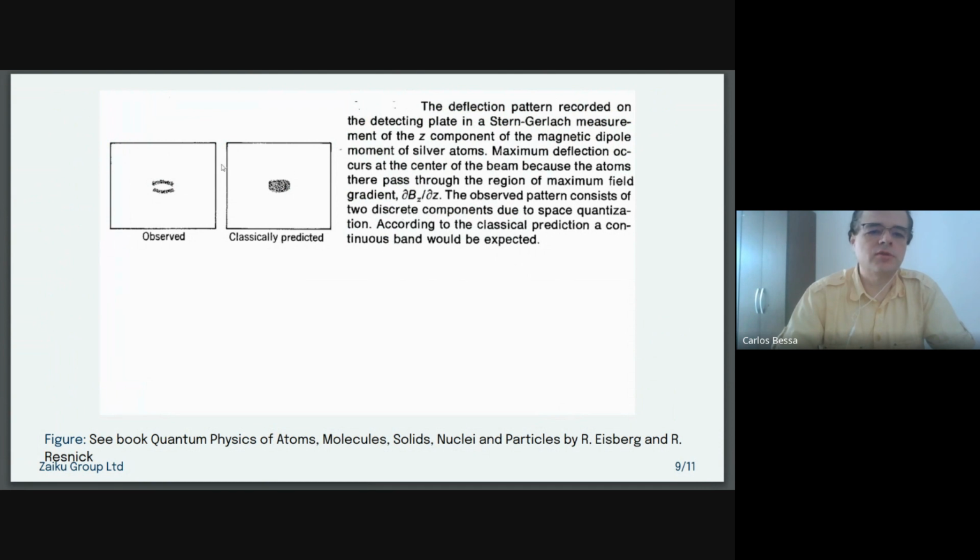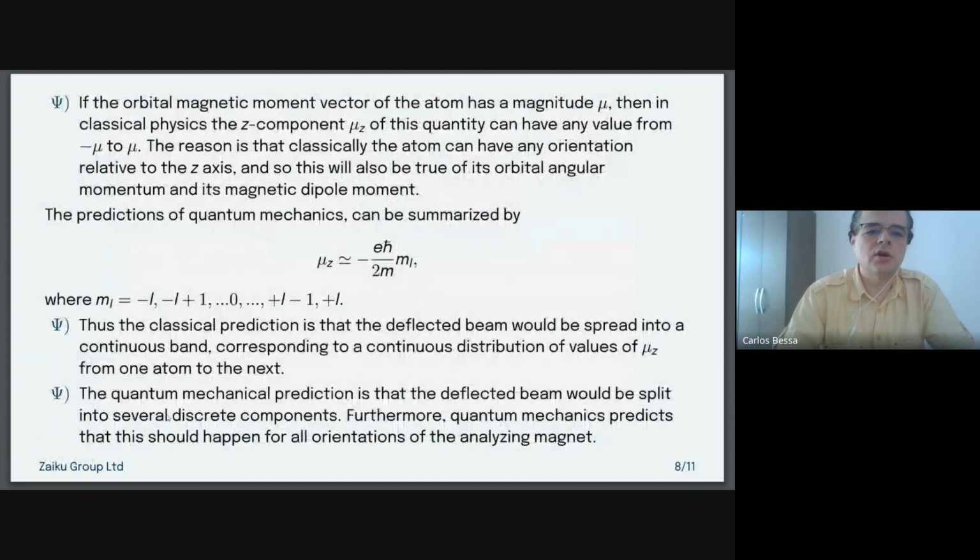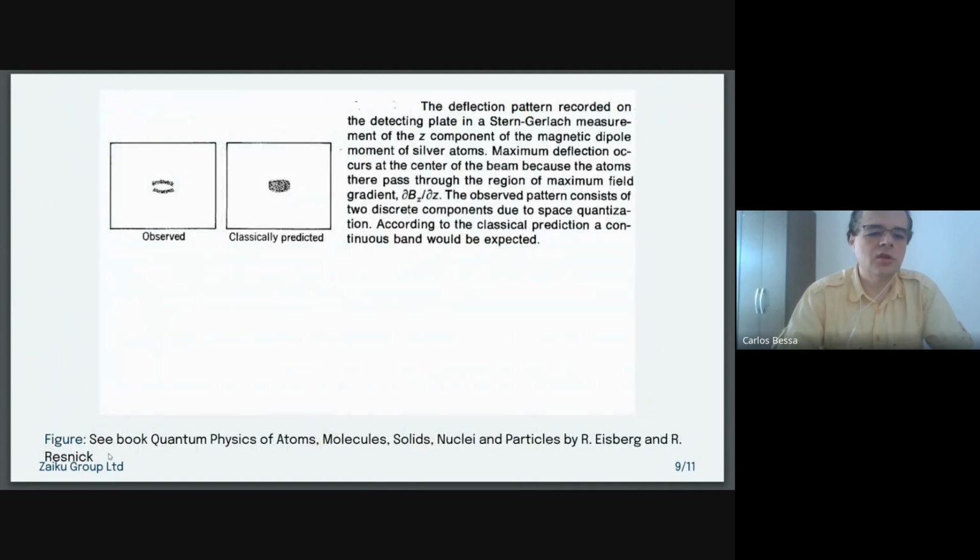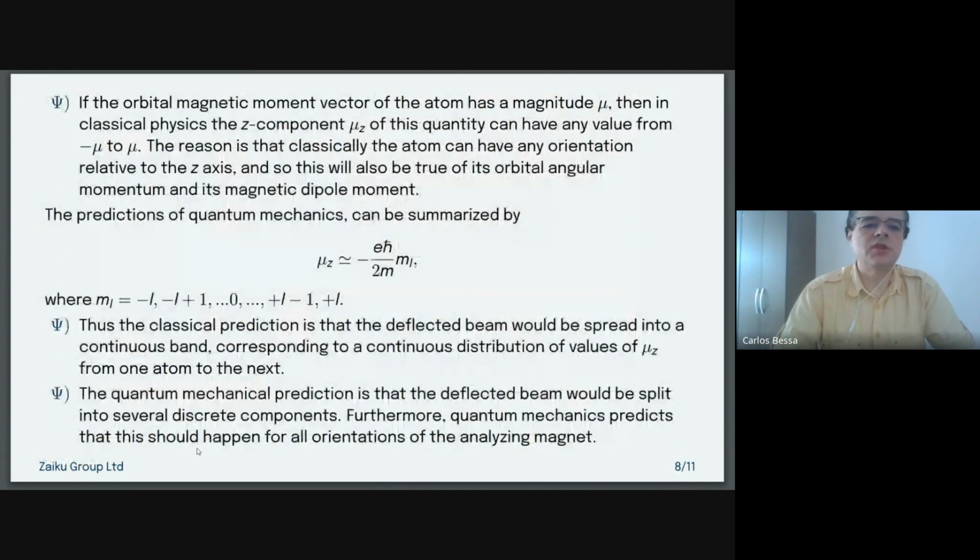This figure is in this book, Quantum Physics of Atoms, Molecules, Solids, Nuclei, and Particles by Eisberg and Resnick. If you want to see some details, there is a complete derivation of this.